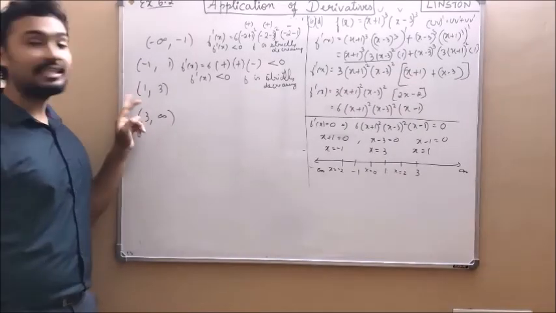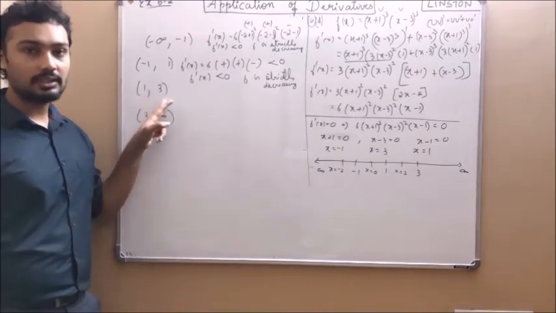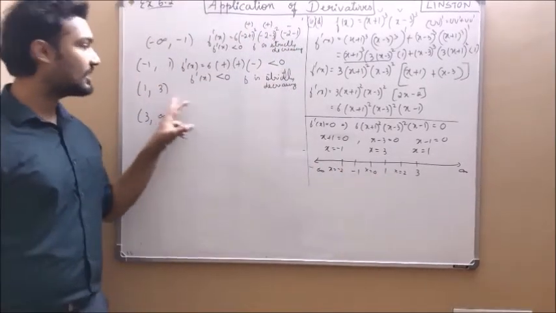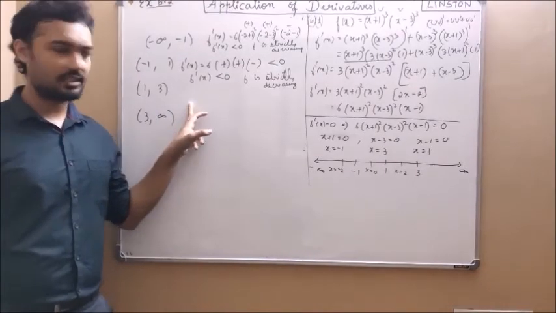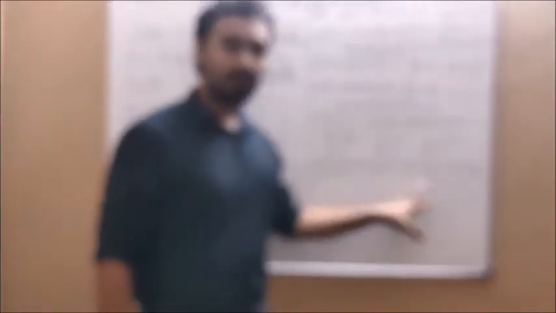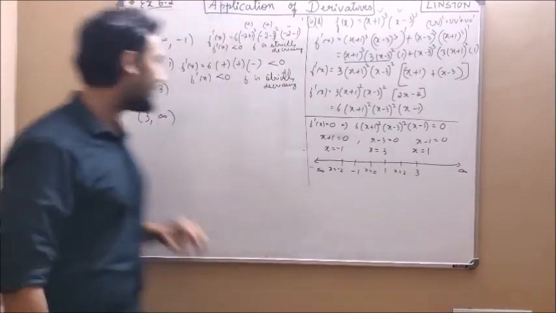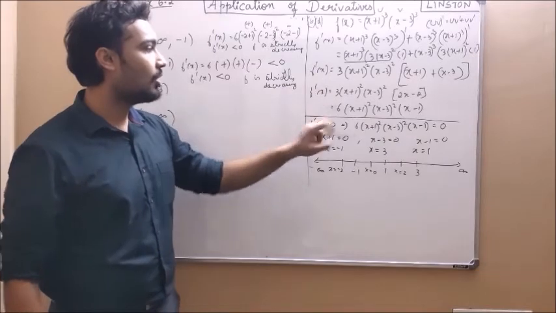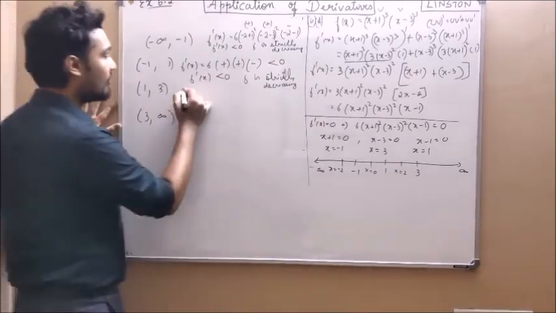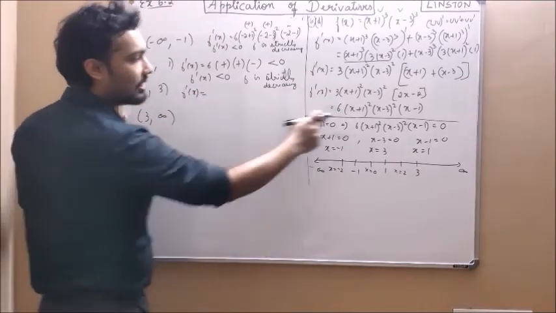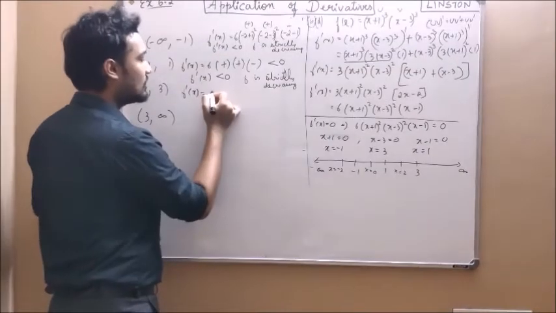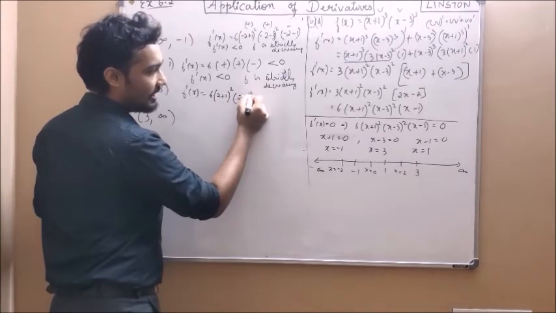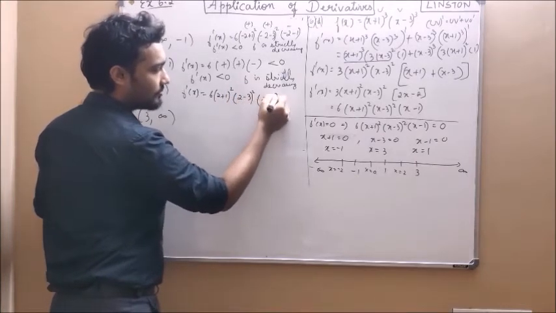Now we have the open interval 1 to 3. Take any point in this interval to check f dash of x, say x equal to 2. f dash of x is 6 into x plus 1 the whole square, into x minus 3 the whole square, into x minus 1.